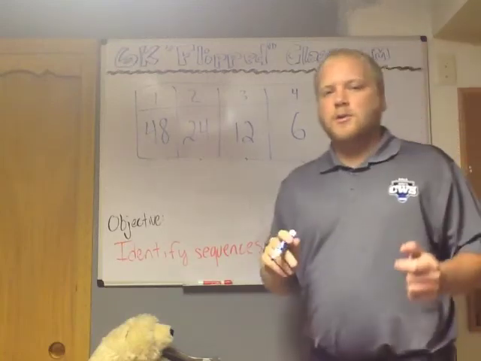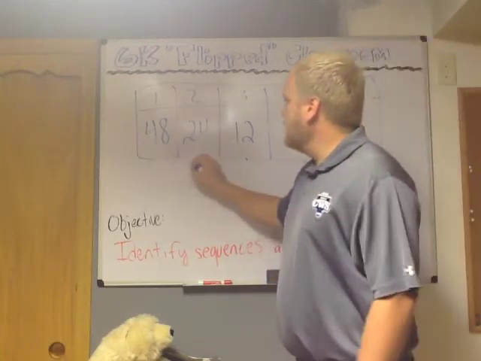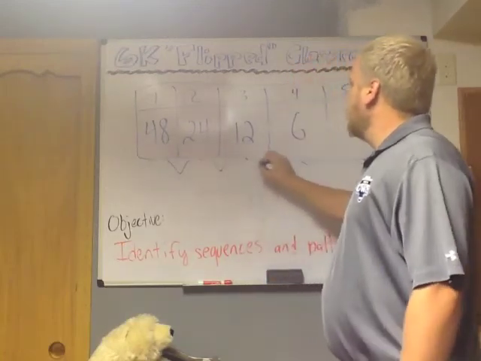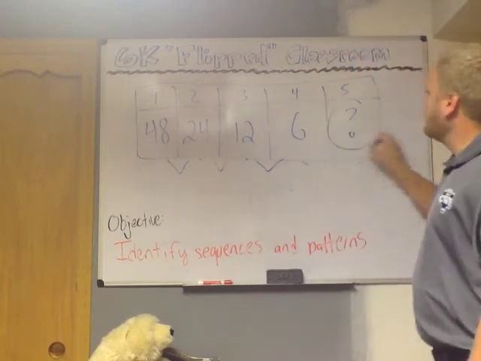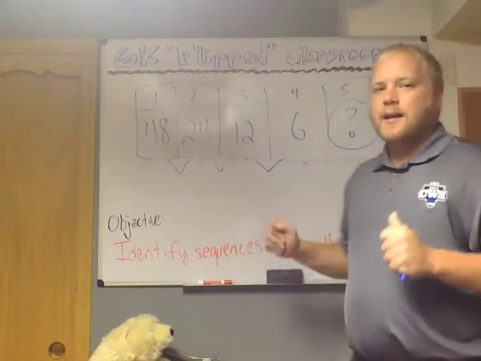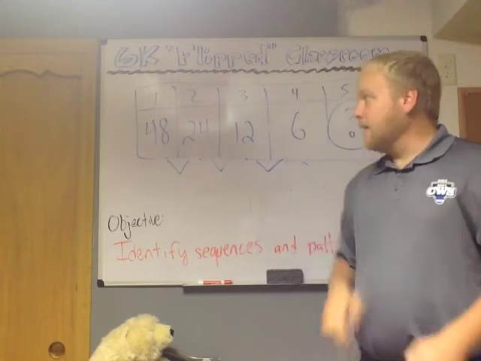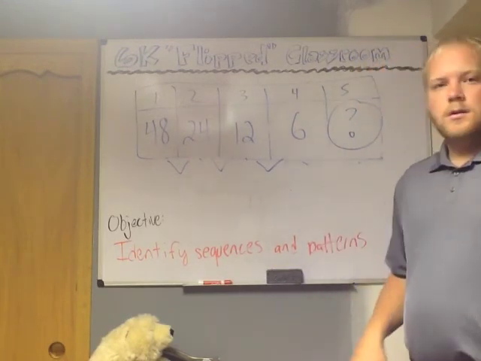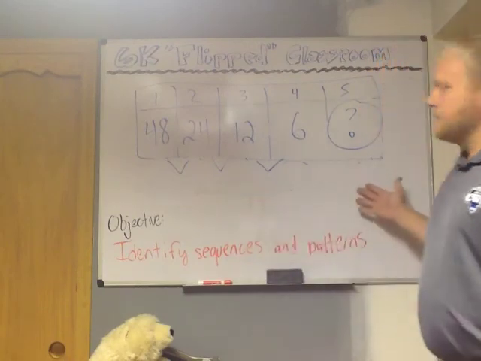So for tomorrow, I want you to figure out what the pattern is, and then figure out what the missing number is. I'll give you a hint. It's not exactly like the two examples I gave you before. So, that's the problem you need to solve. See you tomorrow.